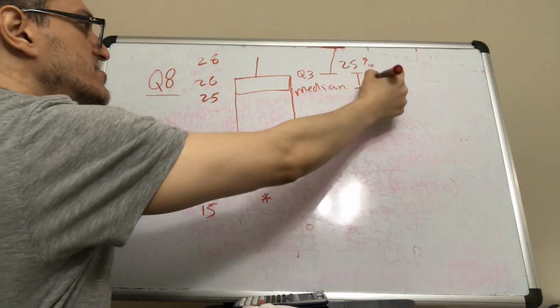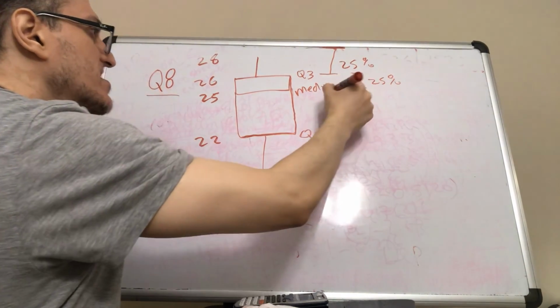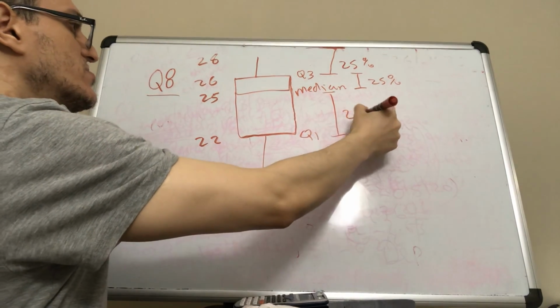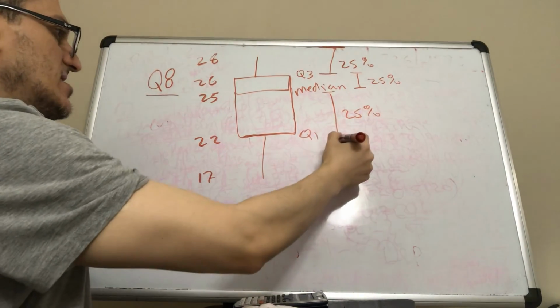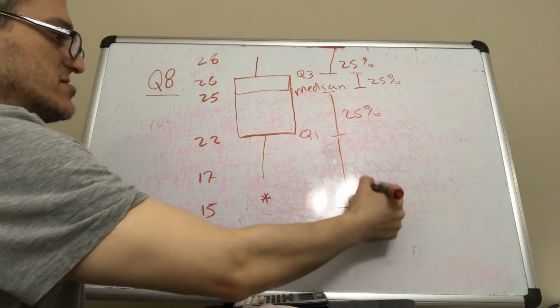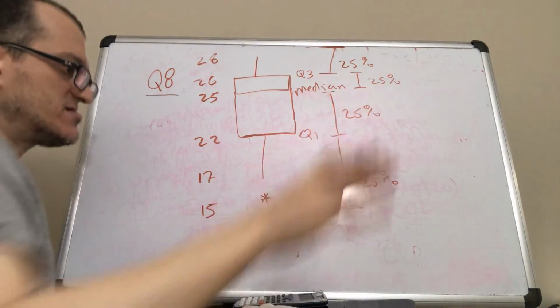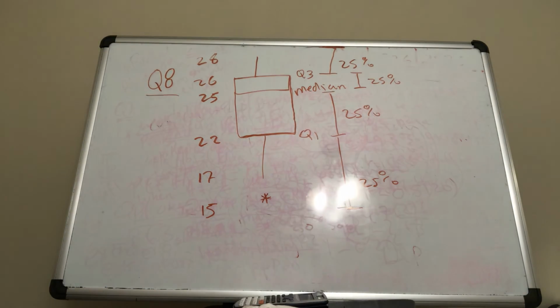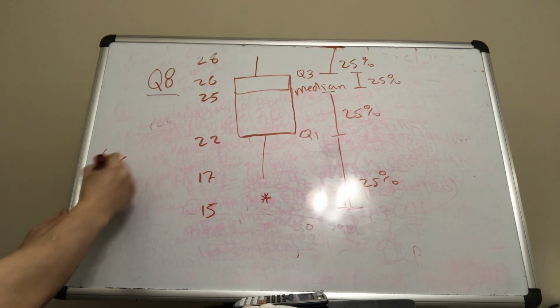From Q3 to median, 25%. From median to Q1, 25%. And from Q1 to the beginning is 25%. This is basically what this is. Remember, they tell you in question 8 that this is based on 60 participants.